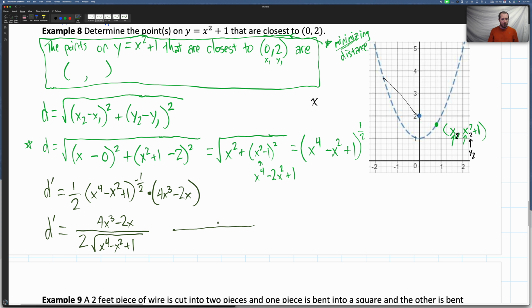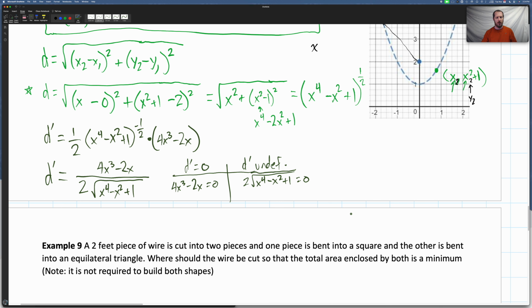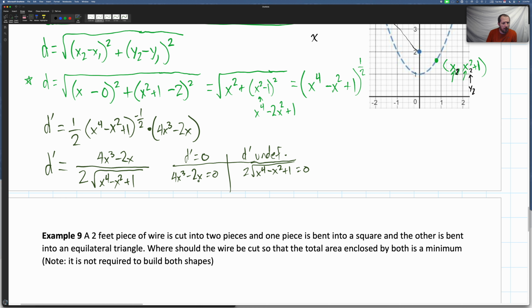To find those values there. Okay. Let's see. For this first one, this cubic, I don't like this cubic, but I can factor out 2x from that. So that leaves me with 2x squared minus 1. So that gives me x equals 0.